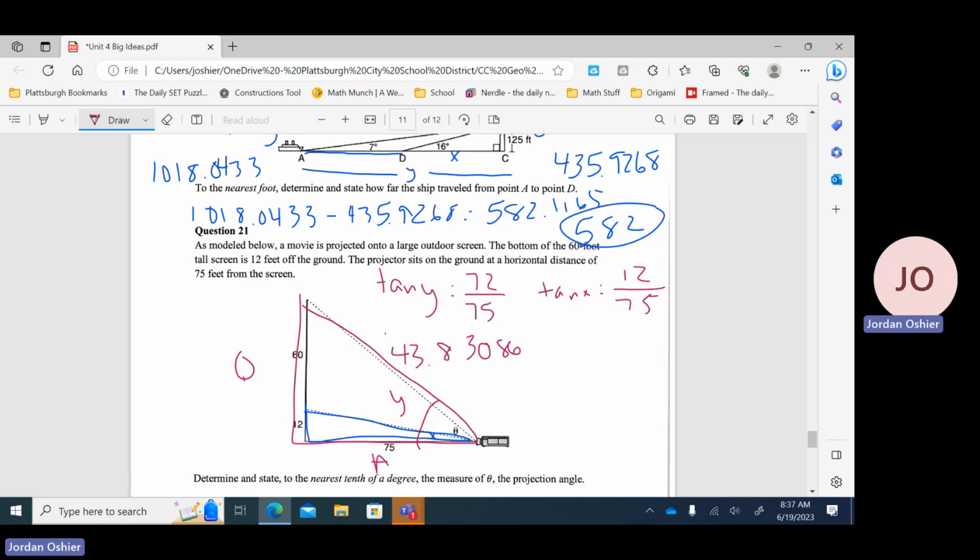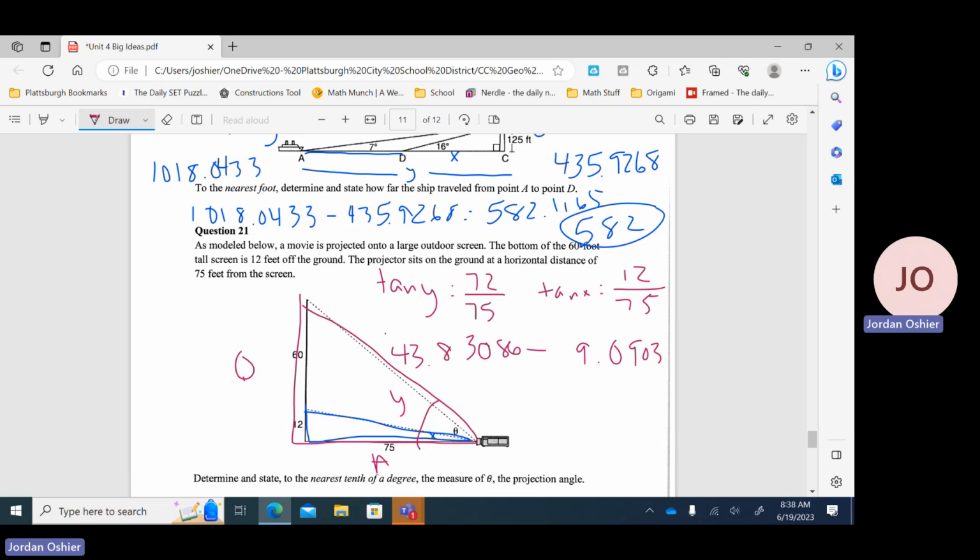43.83086 degrees. And then for the other one, again, I can just copy and paste and change that 72 to a 12. I get 9.0903. From here, I'm going to subtract those two values.